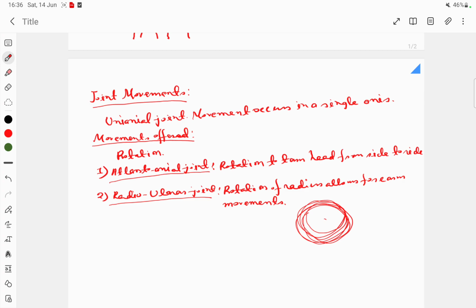It may be of two kinds: upward rotating movement of the forearm, which is known as supination, and downward rotating movement of the forearm, which is known as pronation.